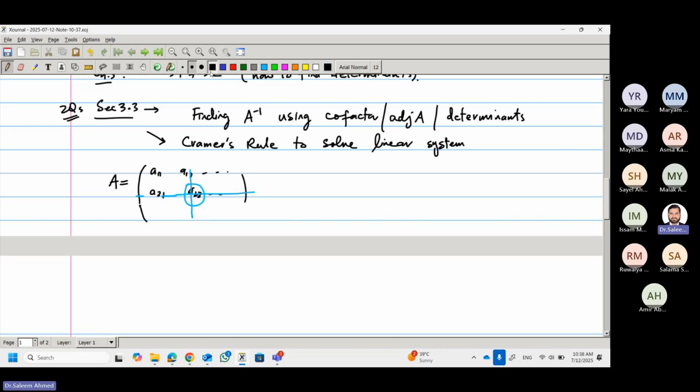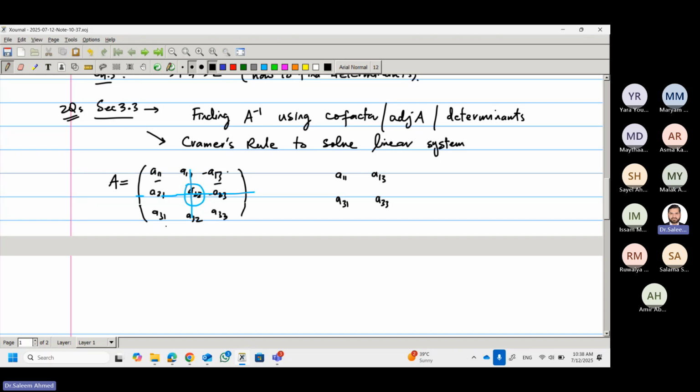And whatever is left, if you remove these, you will be left with only A11, A13, A31, and A33, because this whole row and this whole column is gone.